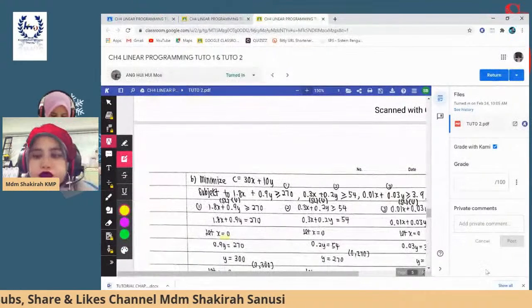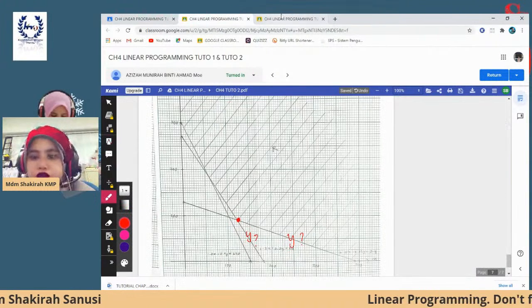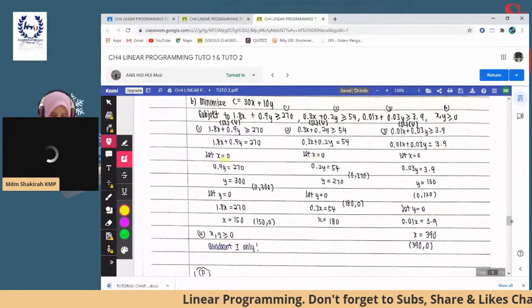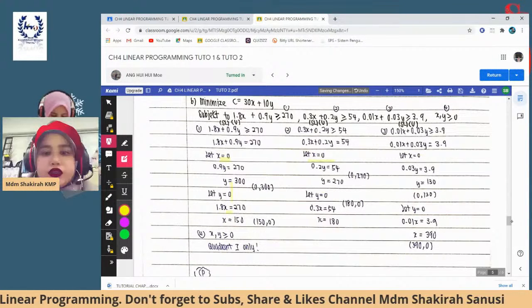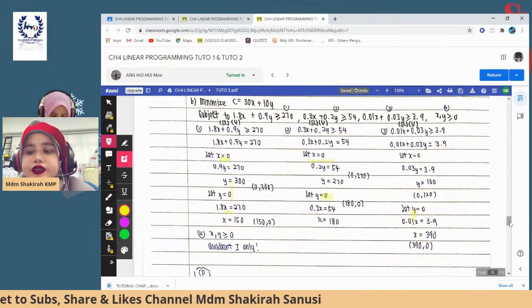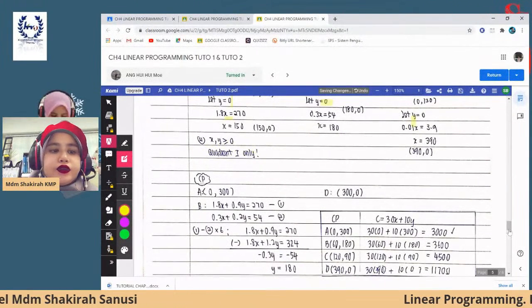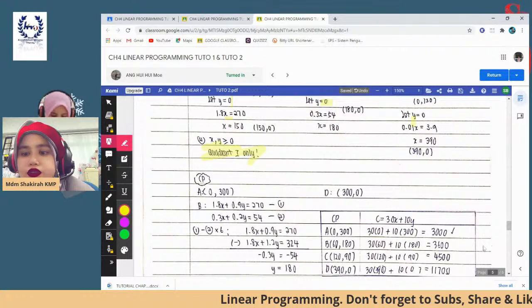Dia tak tutup okay, ni dia tutup. Barulah you boleh nak lukis graf. Okay. Dapatkan dua koordinat. Okay, because it's not given. Highlight quadrant 1 only. Okay, quadrant 1 only.